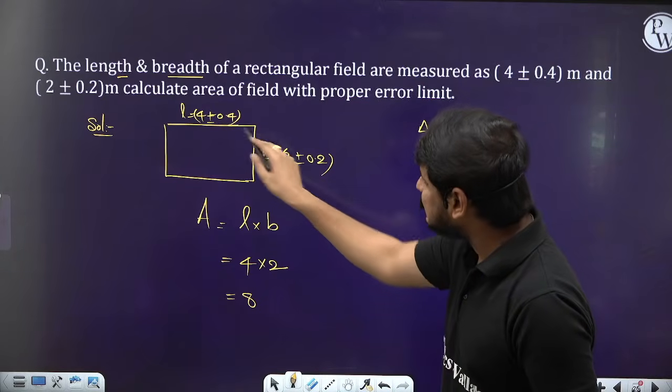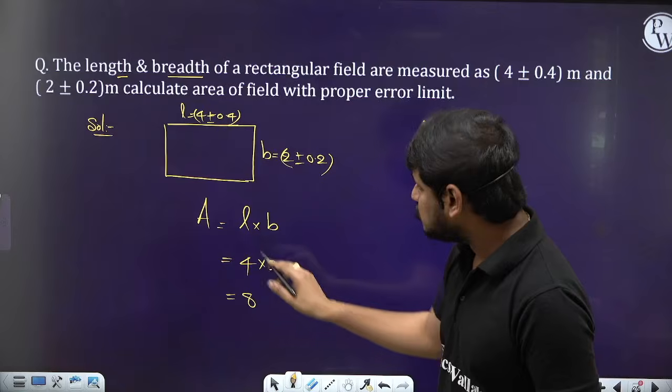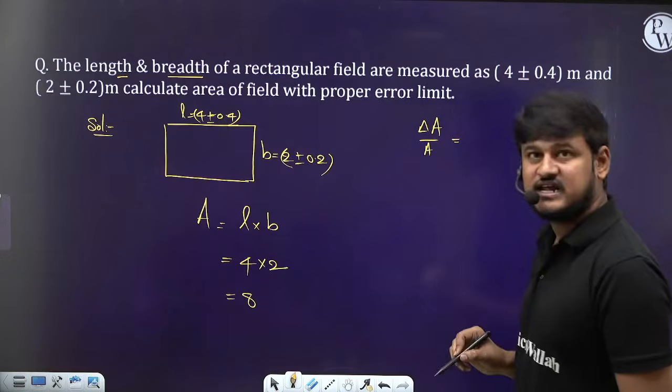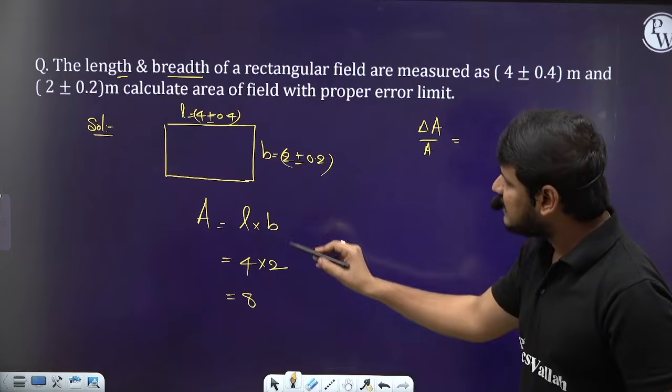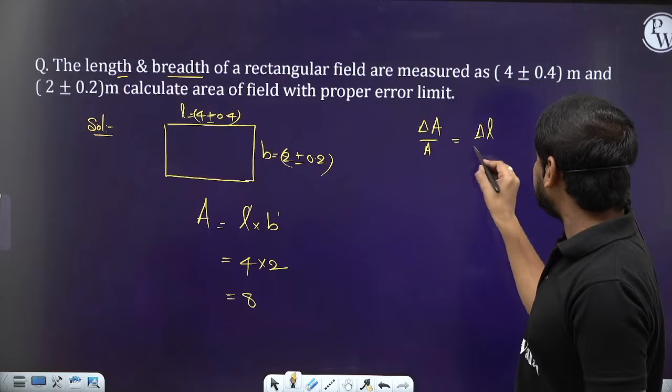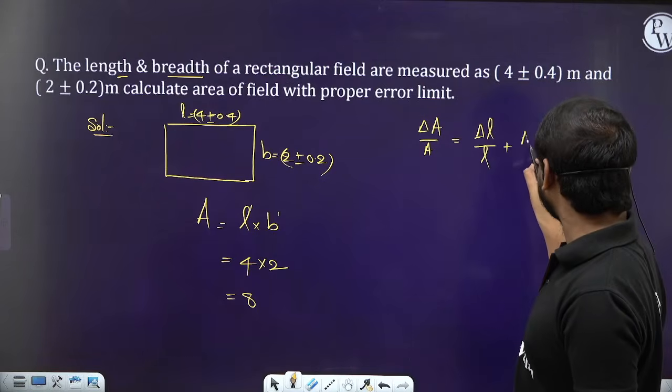There is an error in the length and an error in the breadth, so there comes an error in the area as well. How do we calculate that? Delta A by A is equal to, with L to the power 1 and B to the power 1, delta L by L plus delta B by B.